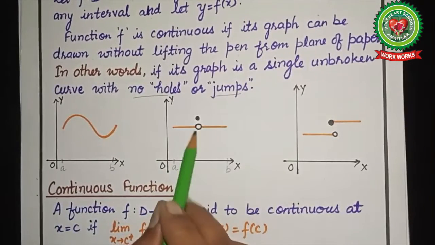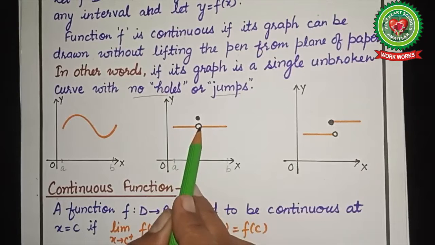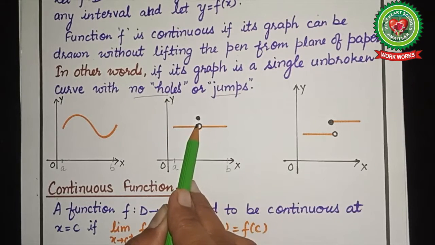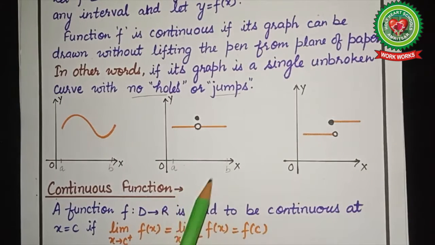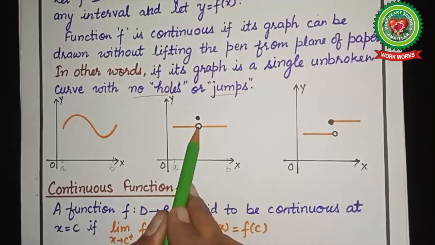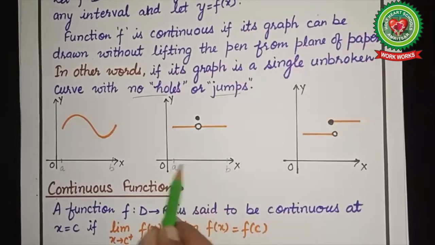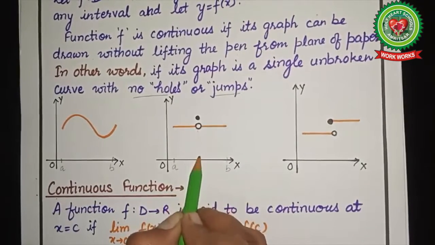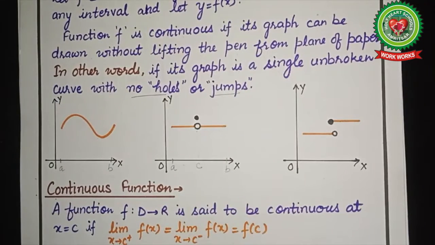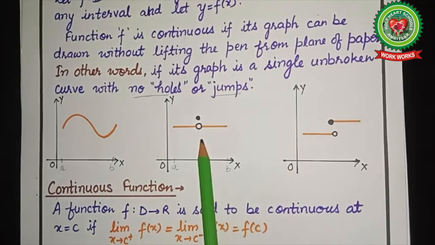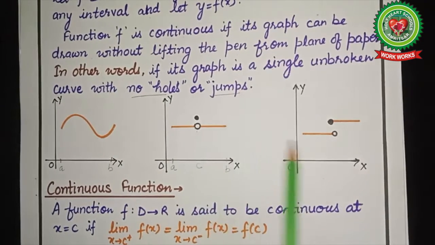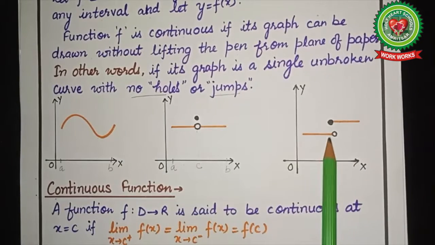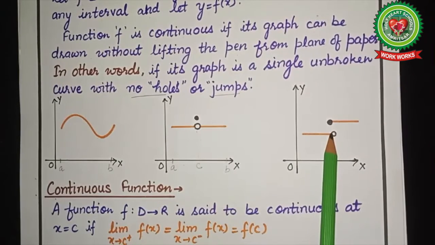In this case, it is a straight line, but in the middle there is a hole. It means the graph is not continuous at this point in the interval. Say this is the point C. So we can say that it is not continuous. Now look at the third graph. Here the line is totally broken.